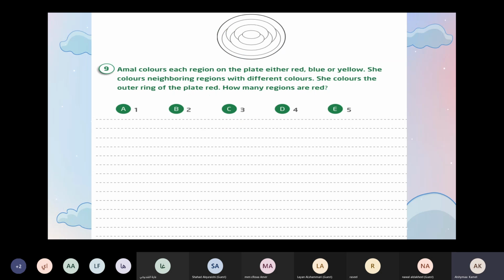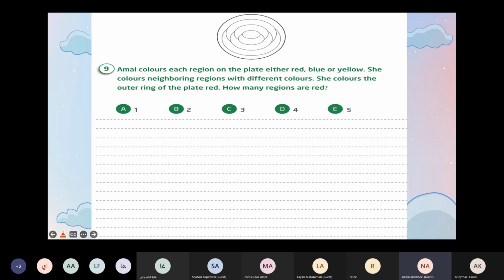Number 9. Can I read? Read, Noel. Amal colors each region on the plate either red, blue, or yellow. She colors neighboring regions with different colors.